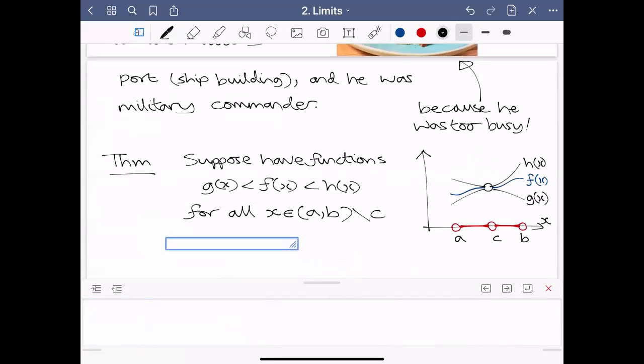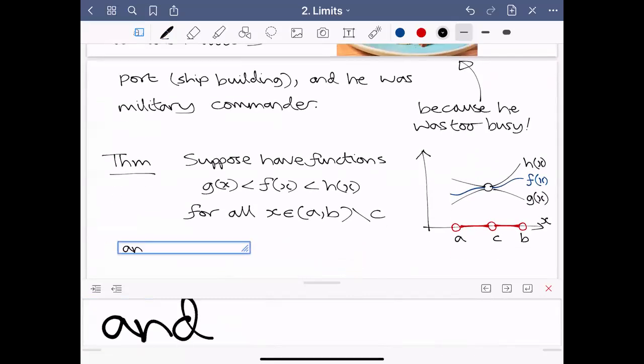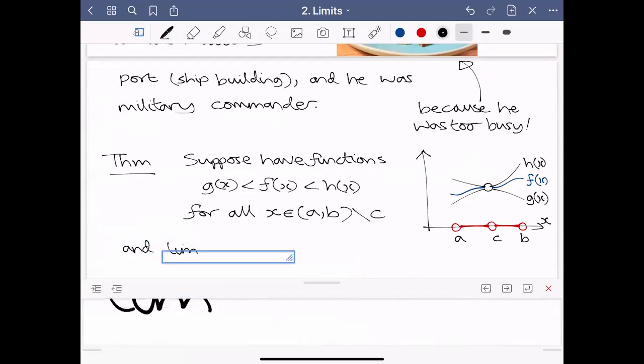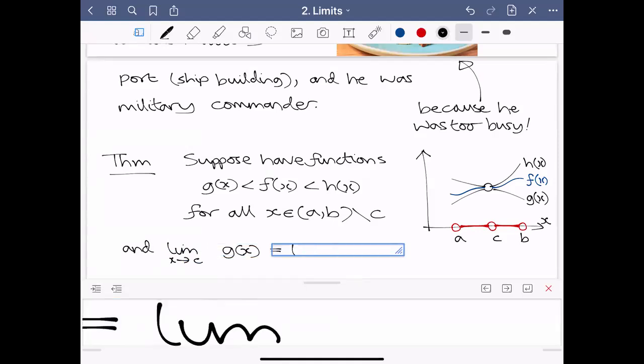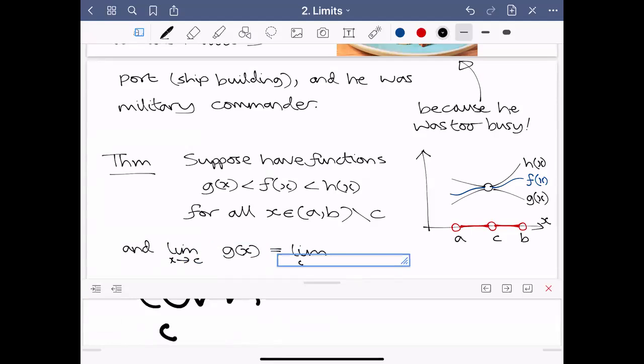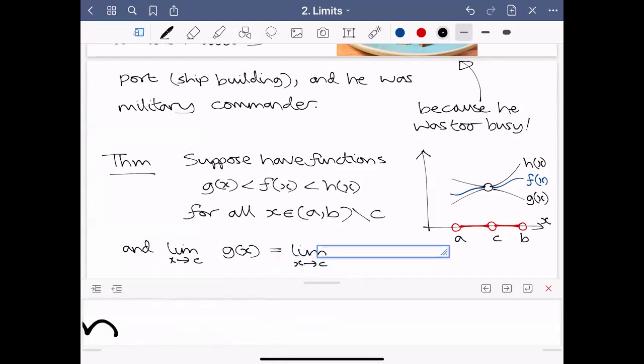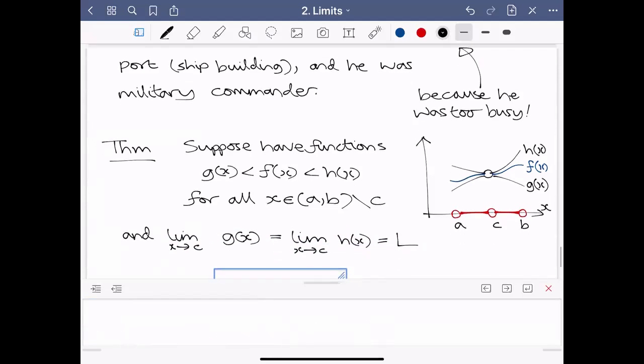And now suppose that the limit as x goes to c of g(x) equals the limit as x goes to c of h(x), and that both limits exist.